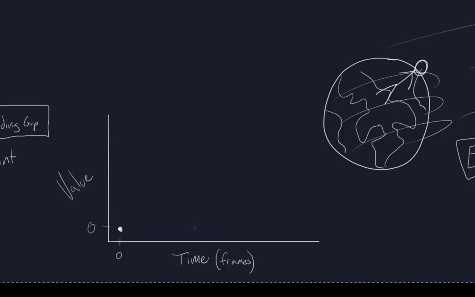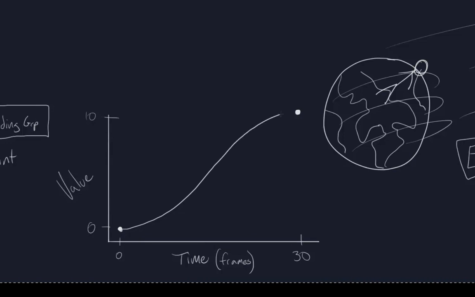And then later on in time, maybe 30 frames later, we want to have this value, which could be something like 10. The computer will automatically plot a curve that meets both of those points, so that as you move forward through time, instead of just blinking from point A to point B, you gradually move to that location. That is the heart of keyframe animation.